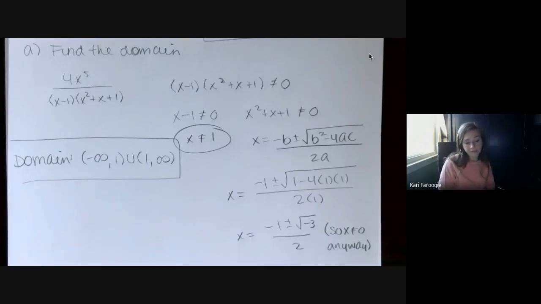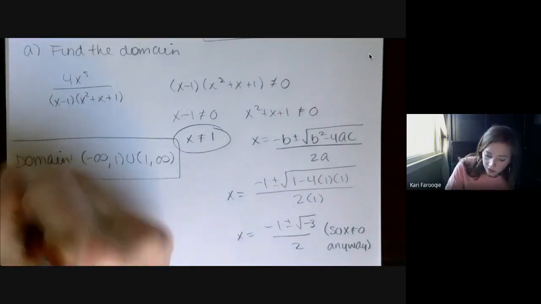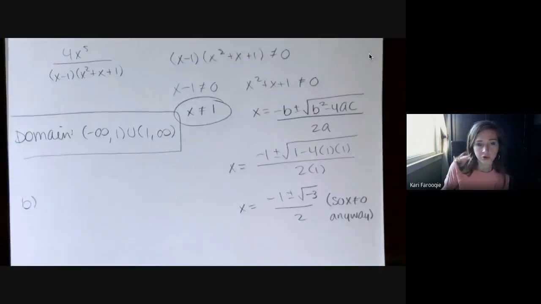Questions on A? So for B, we're going to find any horizontal asymptotes.